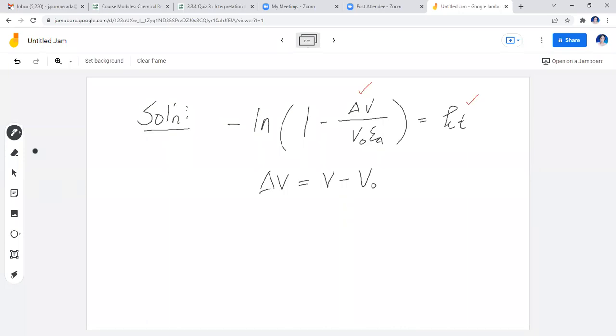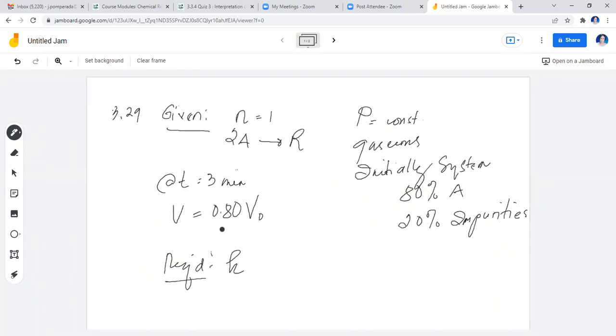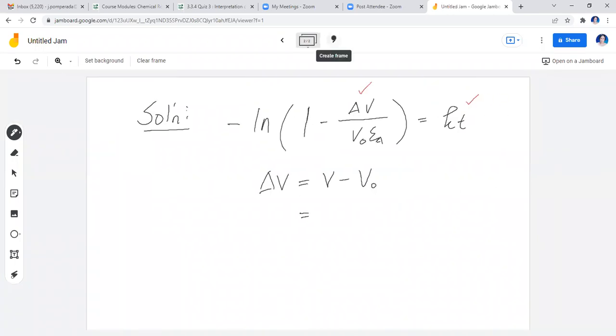So your final volume, given already, is 80% of the initial. So I will have here 0.80 V sub O minus V sub O. So then my delta V, in this case, is 0.20 V sub O, but it is negative because I have here 0.8 minus 1.